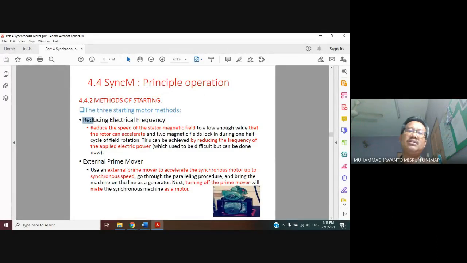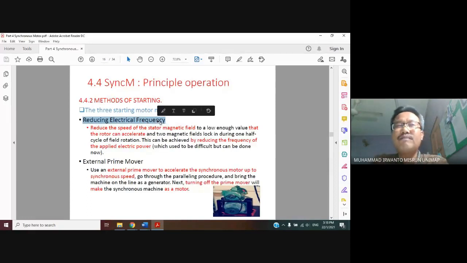Now, the first method is called reducing electrical frequency. For this case, remember we know that the synchronous speed, the mechanical speed, Nm, is equal to 120 multiplied by F system over P. P is the number of poles.